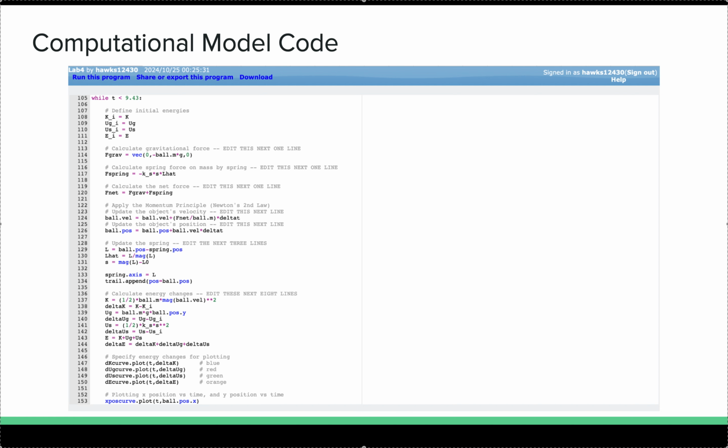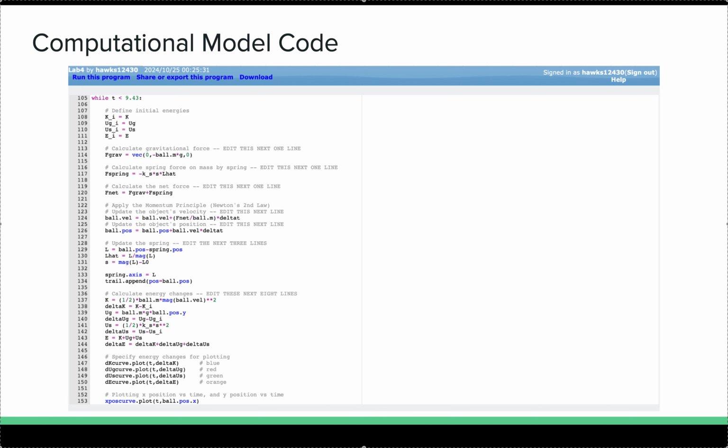Moving forward, you can see the rest of the computational model code where T was kept less than 9.43, so it matched our physical demonstration time. The initial energies are all defined there. The F gravity was coded in as the negative ball mass times gravity. The force of the spring is the general spring equation of negative Ks times S times L hat.